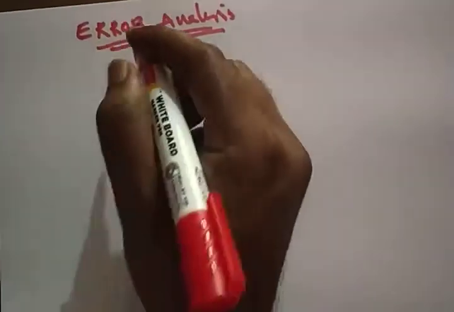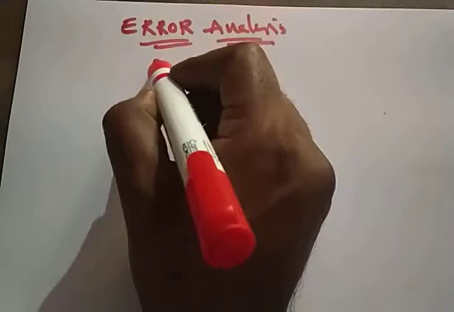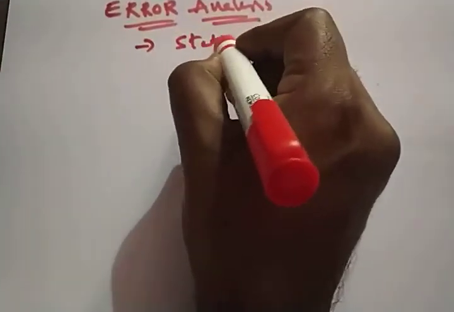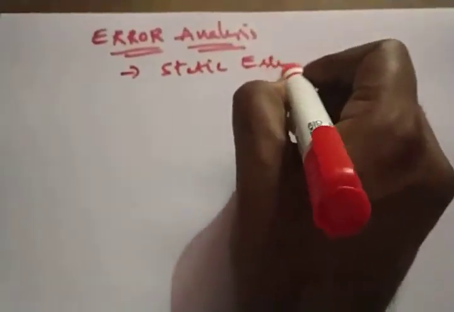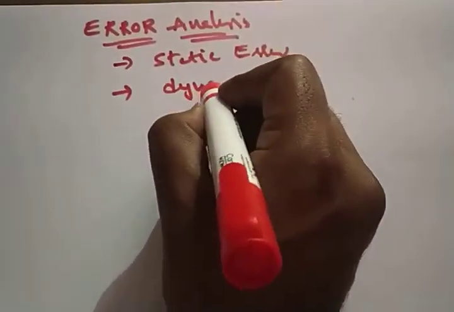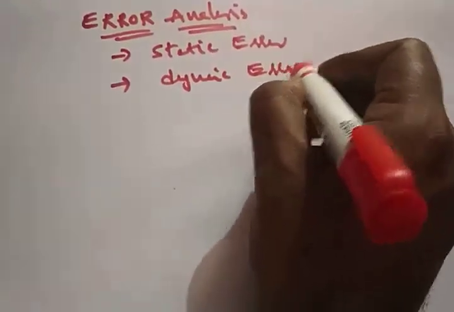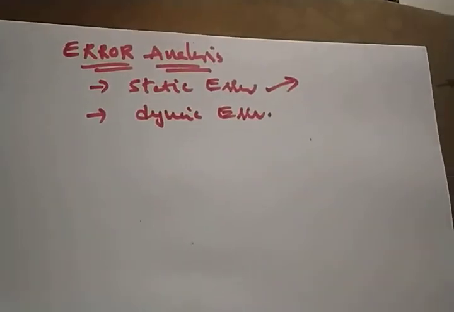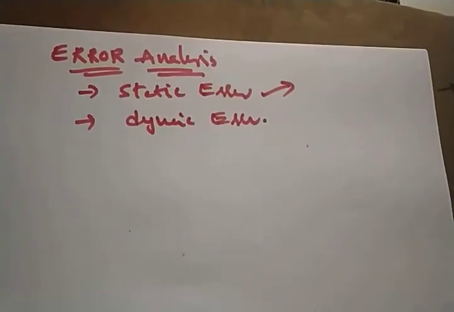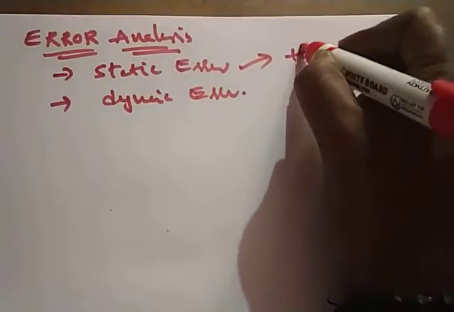So what are the different types of errors? There are two types of errors: static error and dynamic error. What is meant by static error? The error that is present at a static condition, meaning time invariant condition.